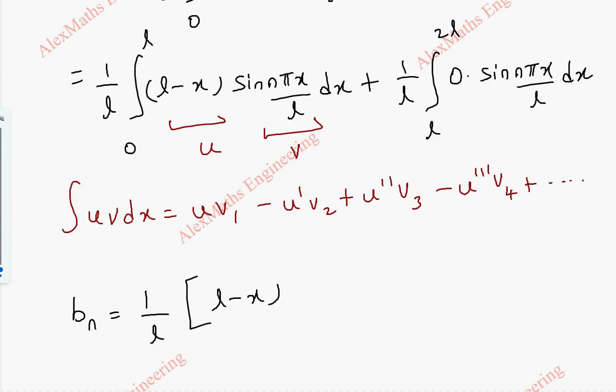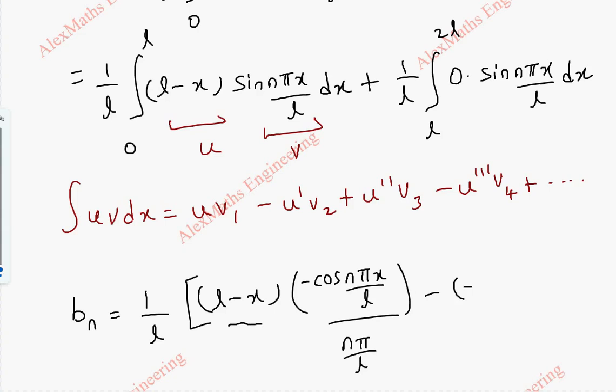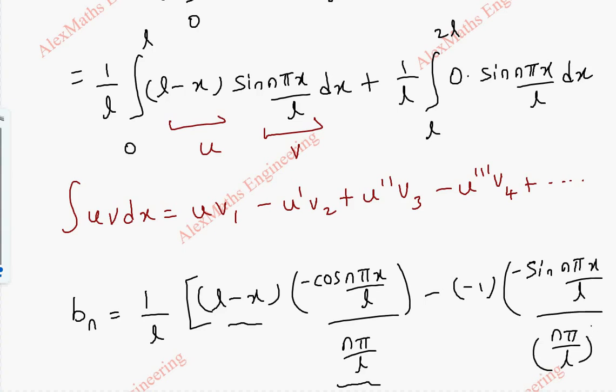U is this, v1 is integration of sin n pi x by L, which is minus cos n pi x by L by n pi by L. Then minus u dash, which is the derivative of u, which is minus 1, and the integration of v1 gives v2. So minus sin n pi x by L by n pi by L whole square, because already there is n pi by L and we have to divide also.